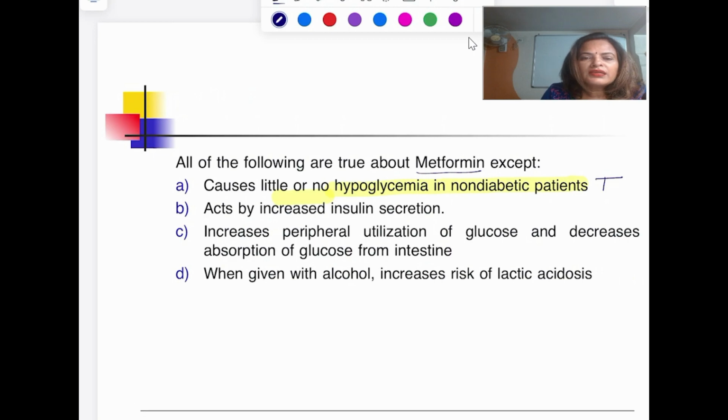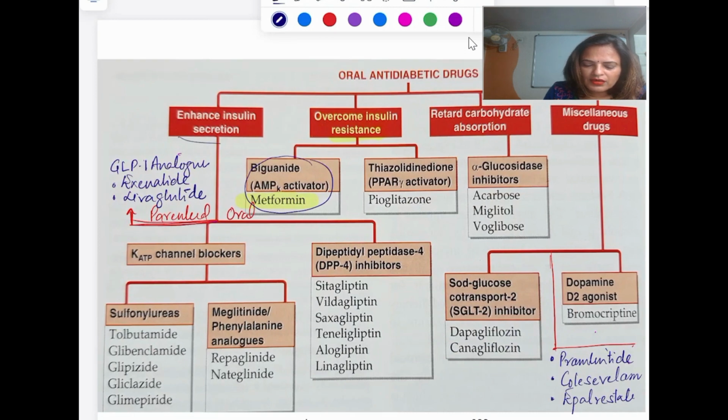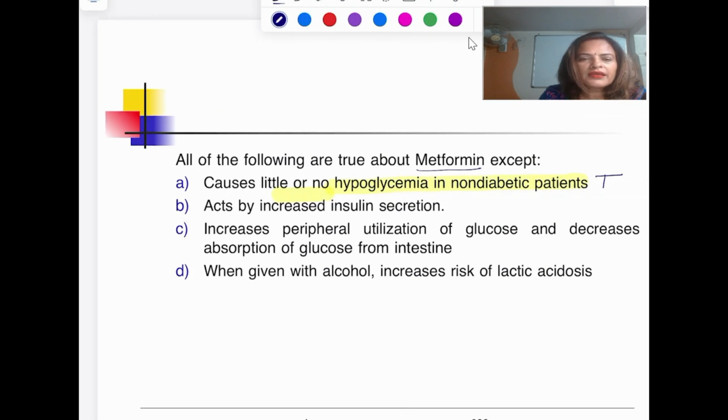Acts by increased insulin secretion. So that means, is it an insulin secretagogue? You can see here the drugs which act by enhancing the insulin secretion are sulfonylurea, meglitinide and DPP4. So this drug does not act by increasing the insulin secretion.